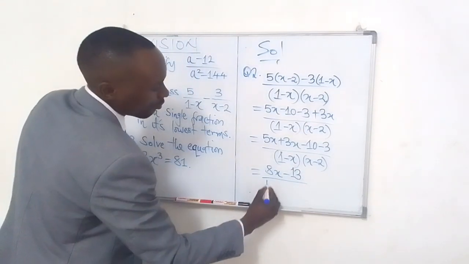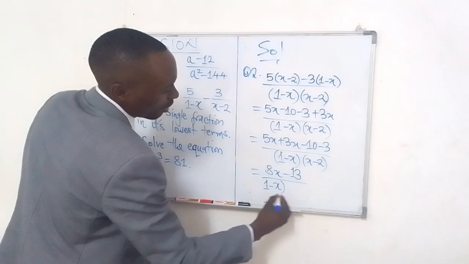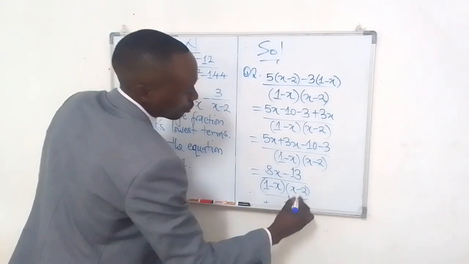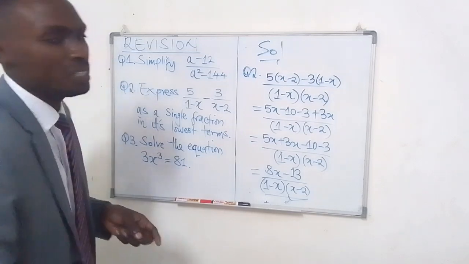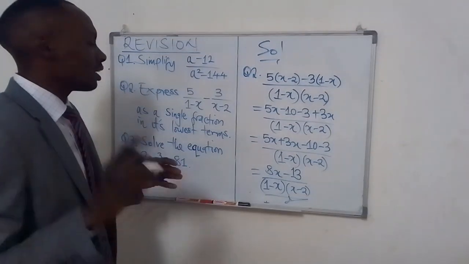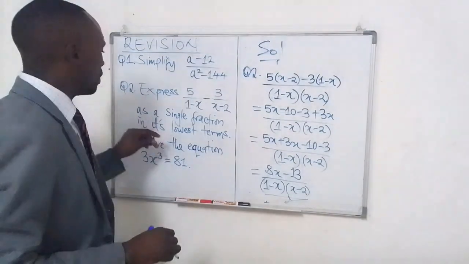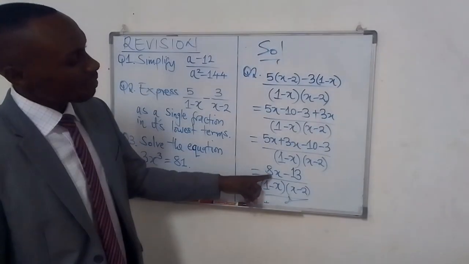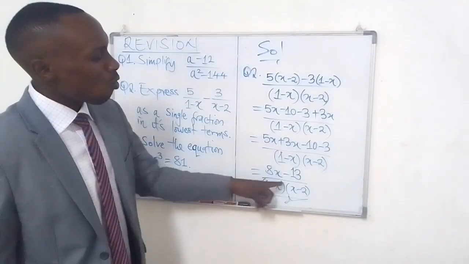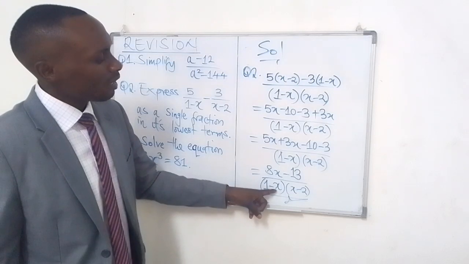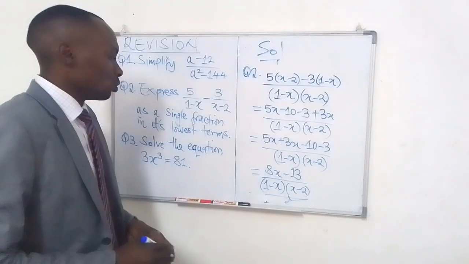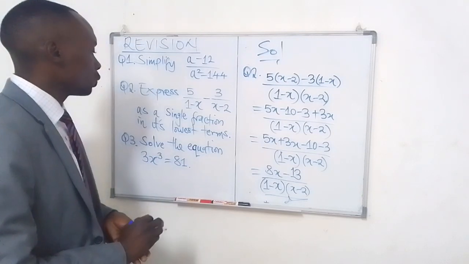So then below we're going to have 1 minus x, x minus 2, close. So this here is the answer. This is the single fraction that we're looking for, and it is in its lowest terms. So the answer is 8x minus 13 over 1 minus x multiplying with x minus 2. So that is our answer for question 2.